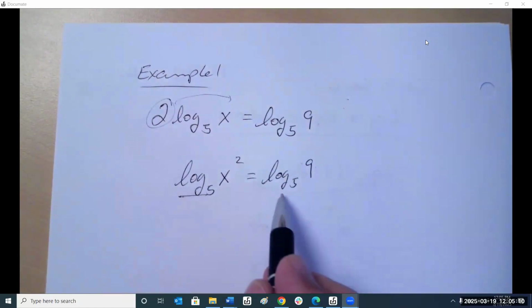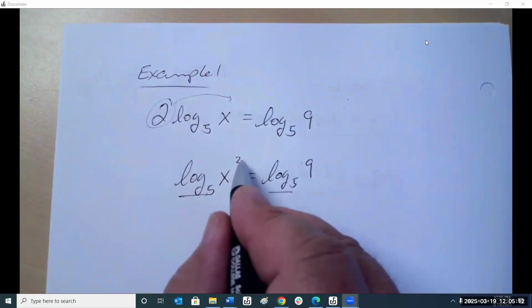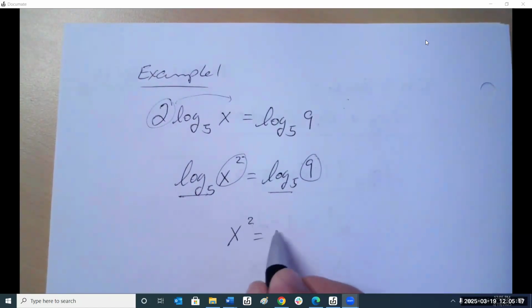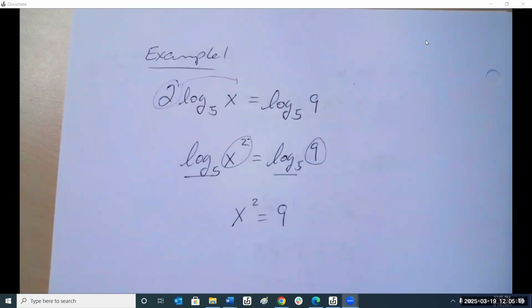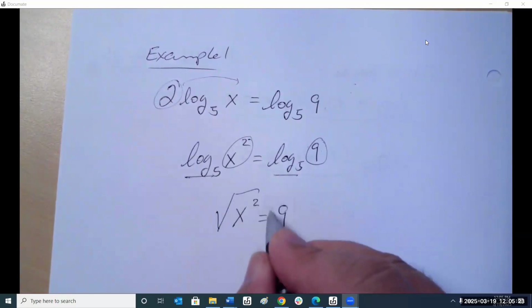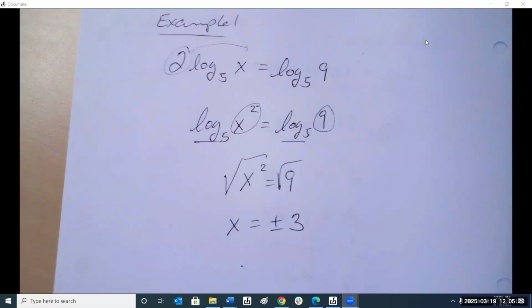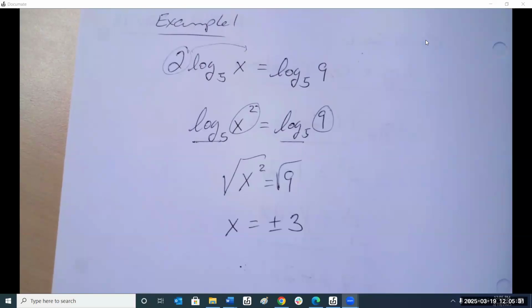Since the logs are the same on both sides, the only way these can be equal is if x squared equals 9. Square root both sides, x equals plus or minus 3. Is that a right answer?